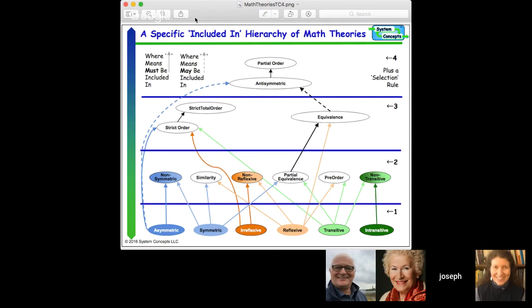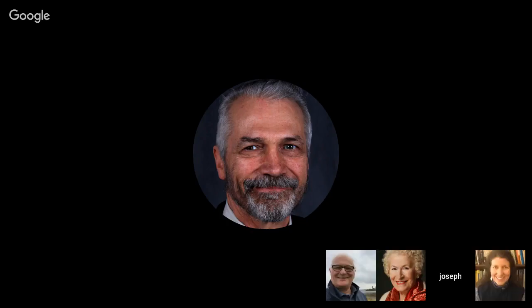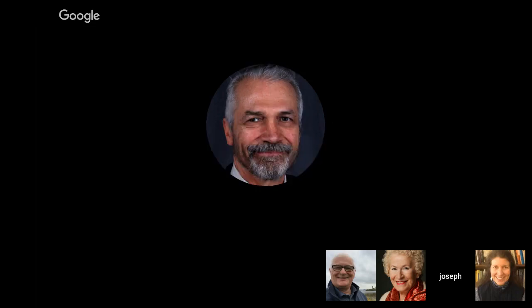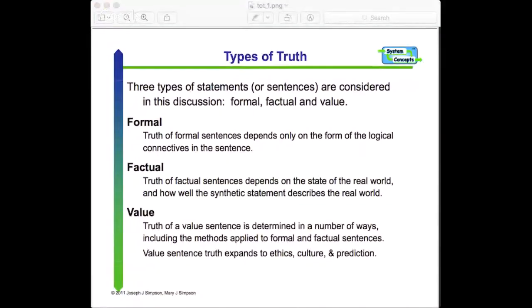Okay, so that's that one. I think the other one had some good exchange with Len, and he liked this chart. This one here presents us the types of truth, and from the logic point of view, we're really working with the formal truth.